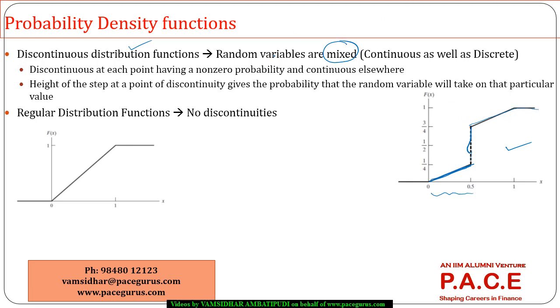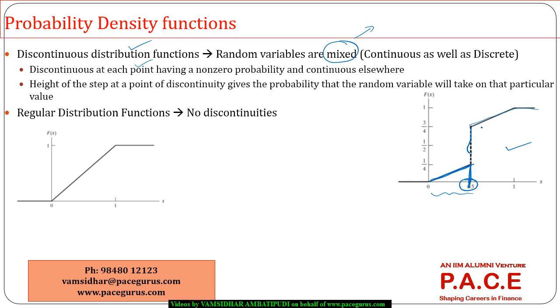These are the discontinuous distribution functions where the random variables are mixed. The random variable is not either fully discrete or fully continuous. It is discontinuous at points having a non-zero probability, and continuous elsewhere.